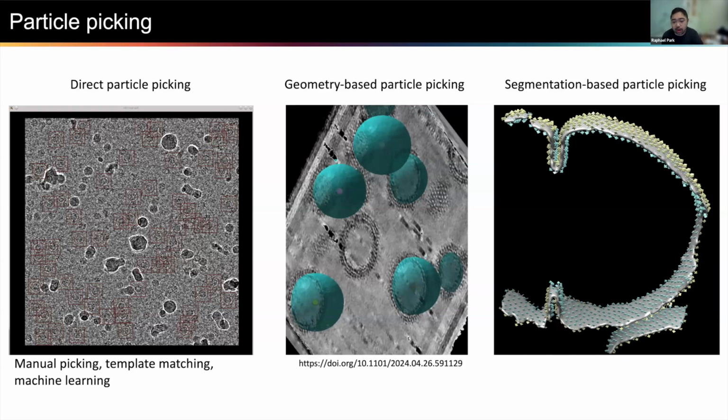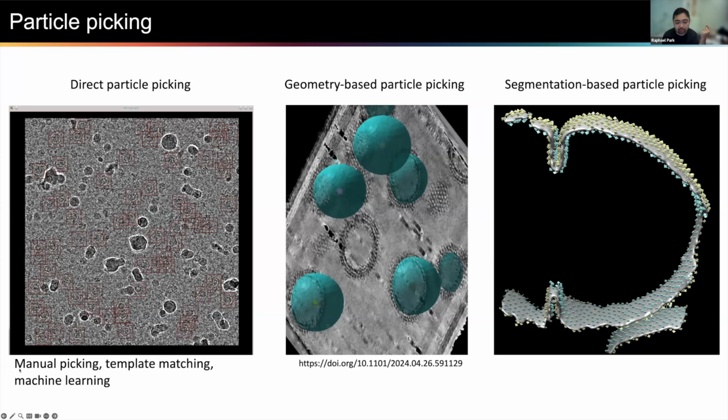One of the most challenging parts of doing subtomogram averaging is particle picking, in my opinion. We can directly pick particles just like in single particle. But imagine we're picking particles in three-dimensional space, not two-dimensional. That adds a layer of complexity in terms of how well the software can pick the particles.